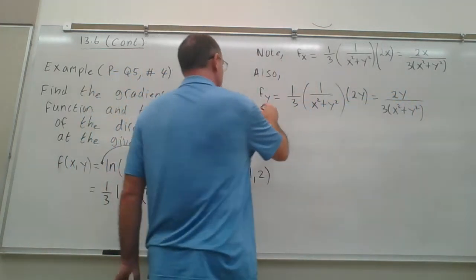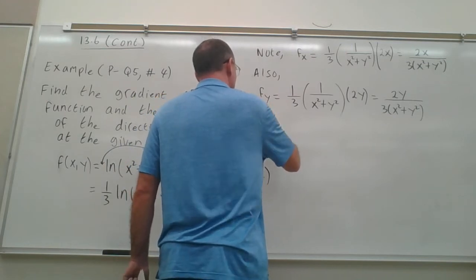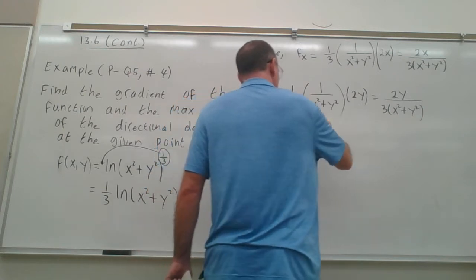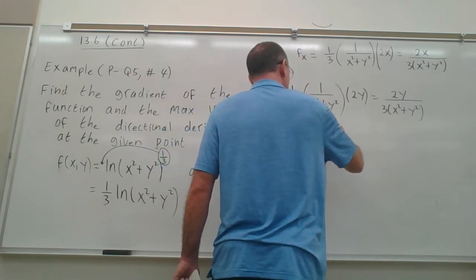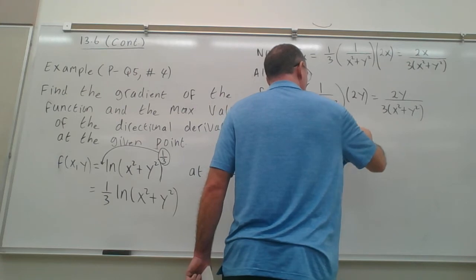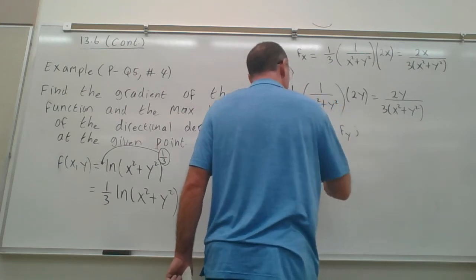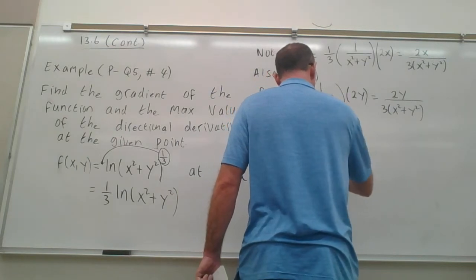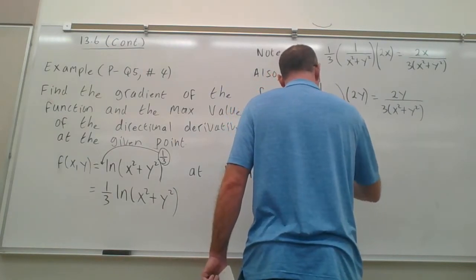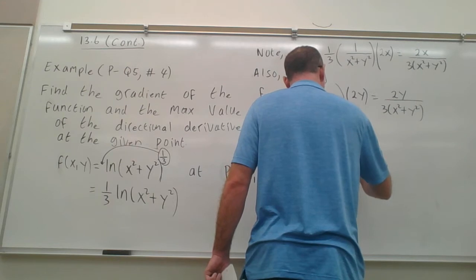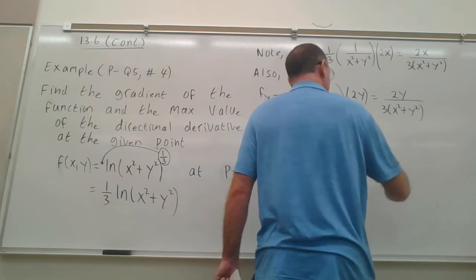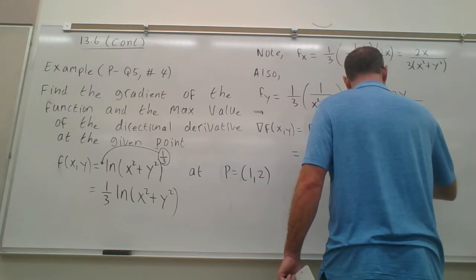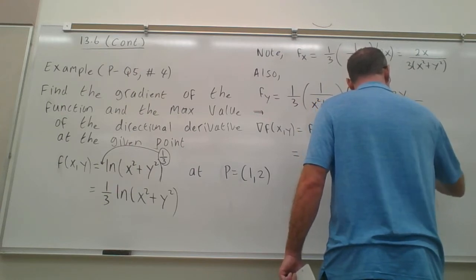So now, this gives us the gradient. Well, by definition, that's the partial derivative with respect to x i and partial derivative with respect to y j. So our gradient here will be 2x over 3(x squared plus y squared) i plus 2y over 3(x squared plus y squared) j.